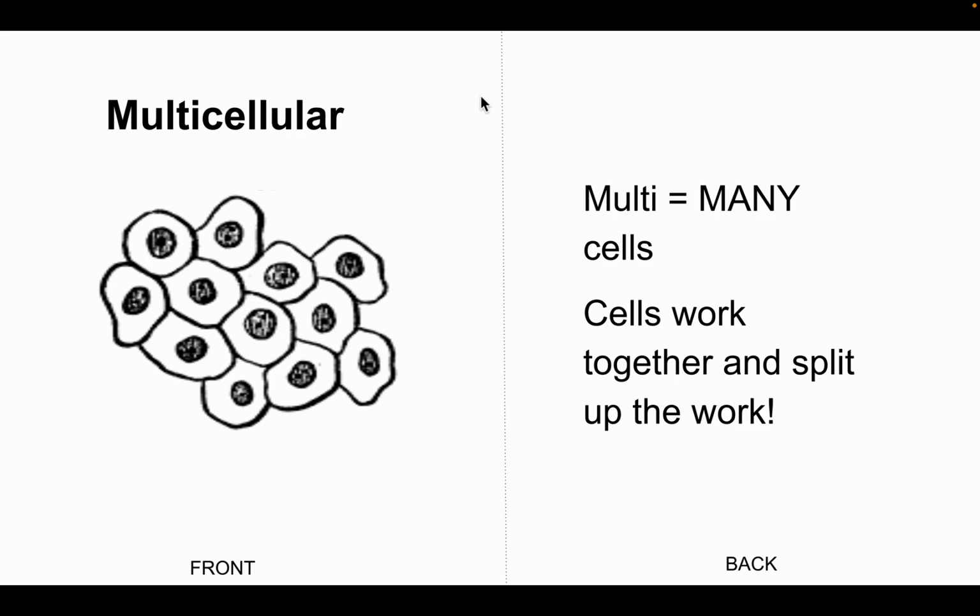I'm sorry. You need one more. This is the last card. Multicellular. Many cells. Cells work together and split up the work. When you're drawing your picture, make sure you draw all the cells. They're working together. This is what the cells look like in your body.